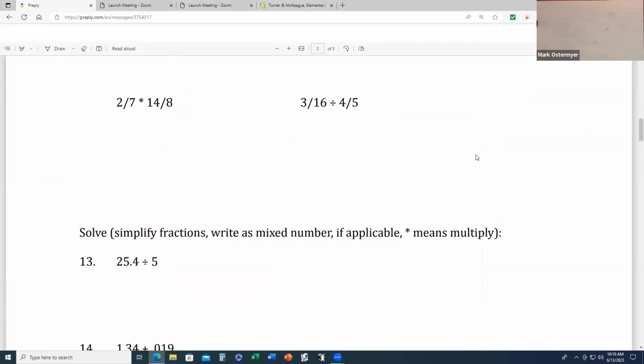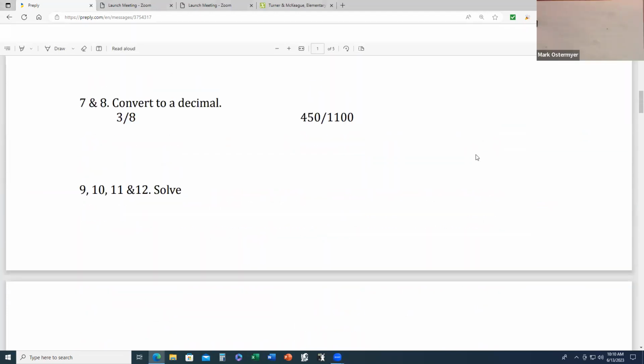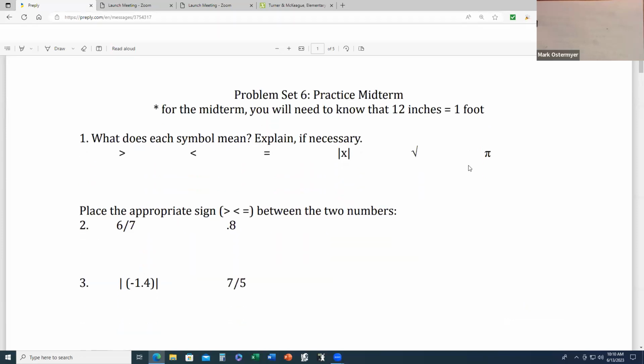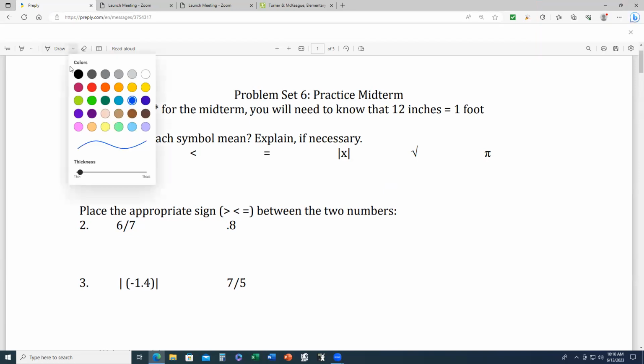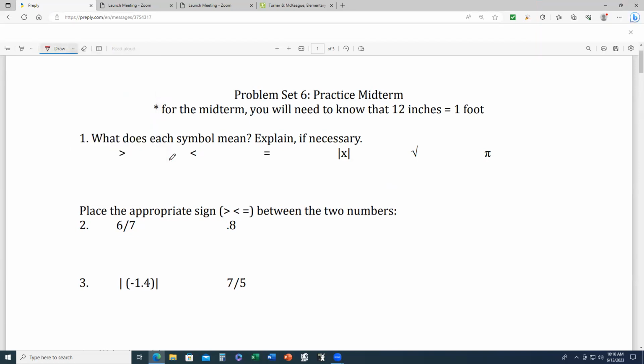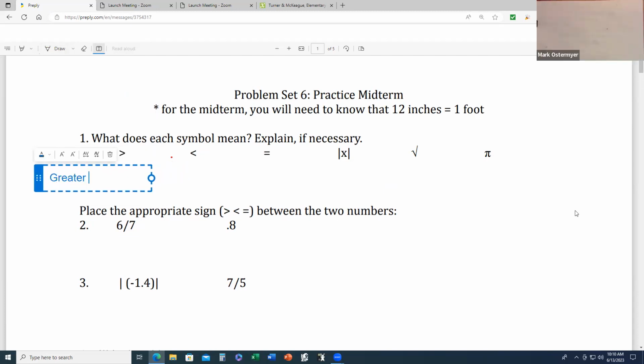All right. Let's go back up here. Number 1: what does each symbol mean? Explain if necessary. This first symbol here means greater than. Hold on, one moment, Mark. Okay, got it. Sorry, I thought I misplaced my pencil.